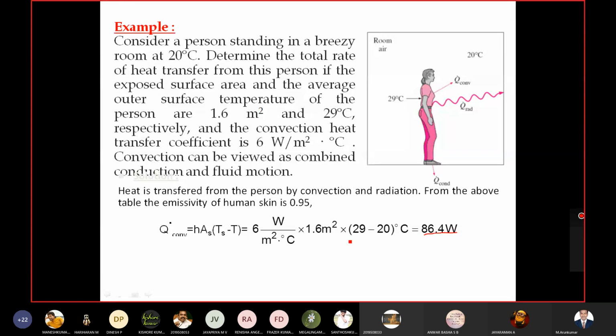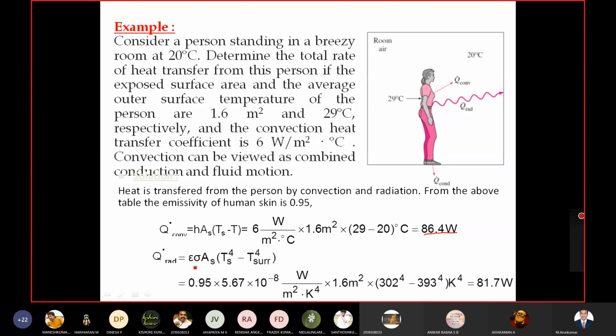Then we have to calculate the heat transfer by radiation with the equation epsilon sigma A times (Ts power 4 minus T surrounding power 4). If you use it, we find the heat transfer by radiation will be around 81.7 watts.